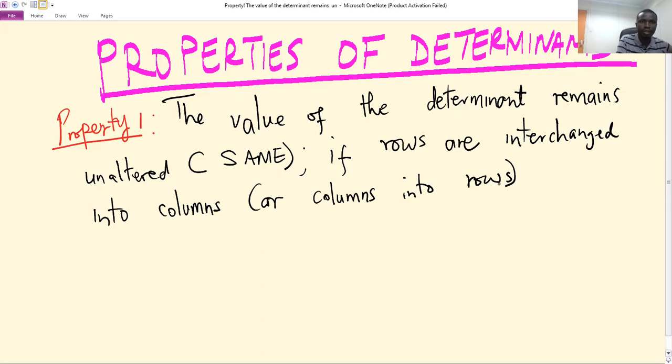So that's a powerful tool: interchanging rows and columns doesn't change the value of the determinant.